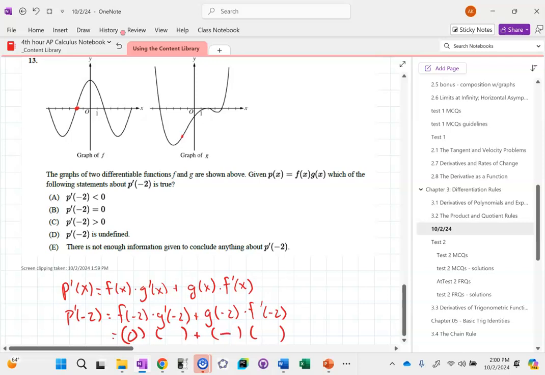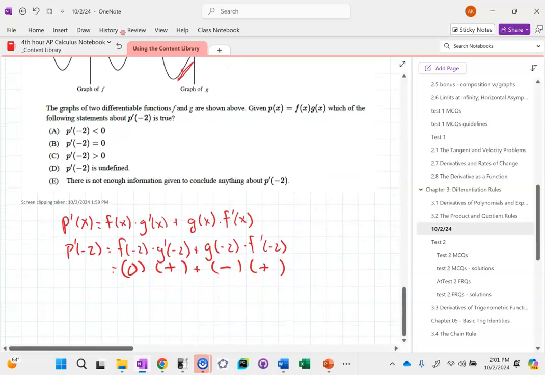If I look at g prime of negative 2, if I draw the tangent line, that's got a positive slope, so I know that's a positive number. If I look at f prime, that's going to be the tangent line on f, which is also a positive number. So I have 0 times a positive, that's 0, plus negative times positive, that's negative. 0 plus negative is negative. So I know that's less than 0.